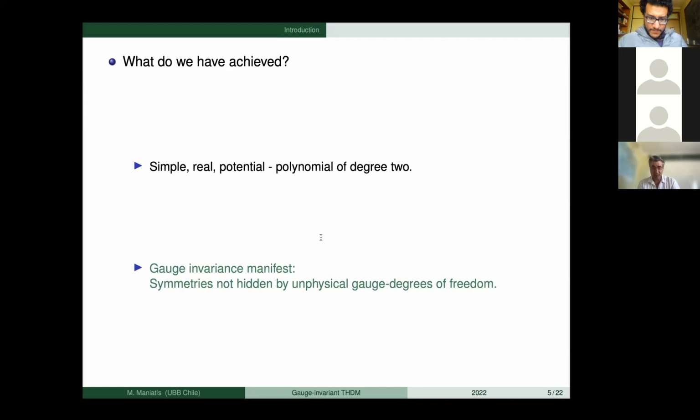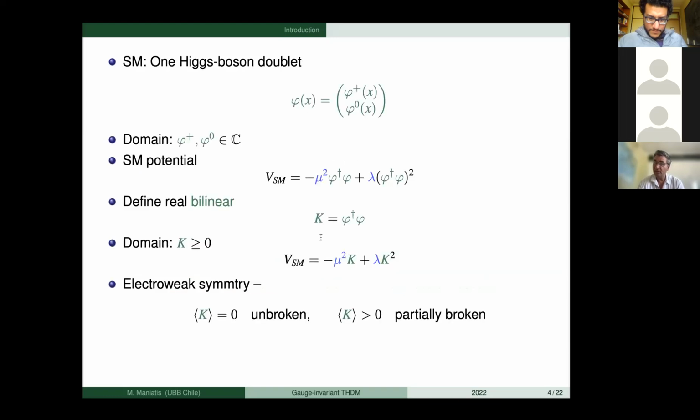Are you thinking of something like a theory of composite Higgs? No, I will not go into that. The idea is to show you how to proceed in this manner in the Two-Higgs doublet model, and in general in the N-Higgs doublet model, how to introduce these real functions and to get new insights into the model.